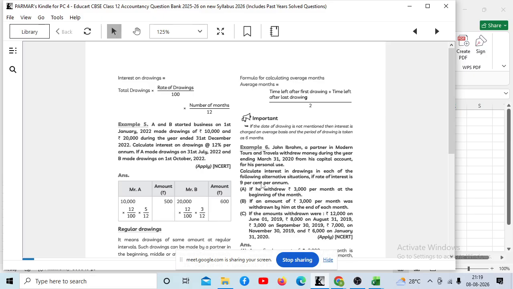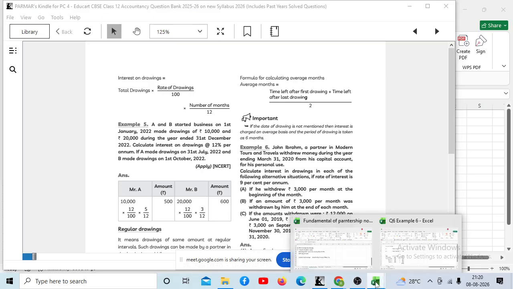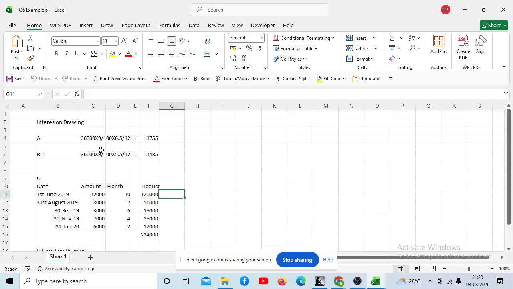On 36,000 we have to charge how much interest? 9%. So 36,000 into 9 upon 100. And since it is in the beginning of the month, if you see that chart which I had given to you, the average period is 6.5. So it will be calculated as 36,000 into 9 upon 100 into 6.5 upon 12.